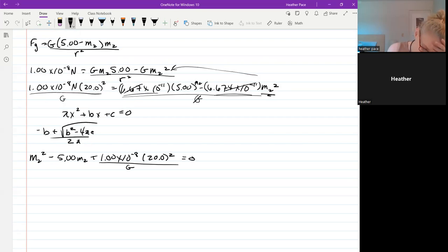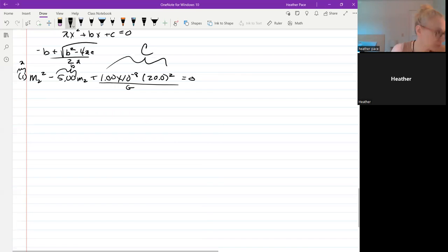All right, so this is C because there are no M's, this is B because there's one M, and this is A. When in doubt, trying to get rid of things if you can is always best. We've gotten rid of A here by shoving stuff over to one side.